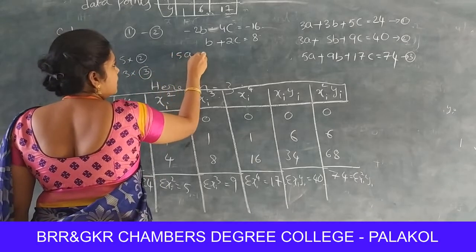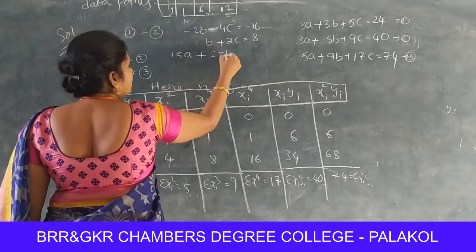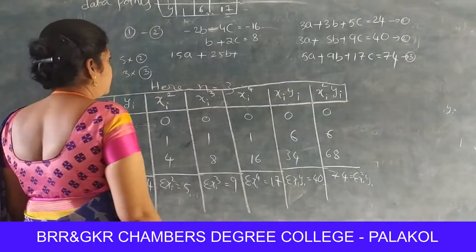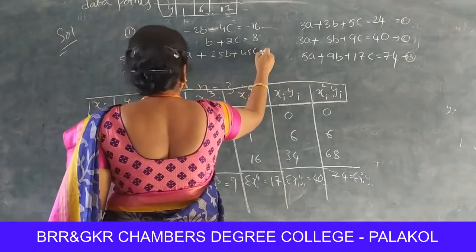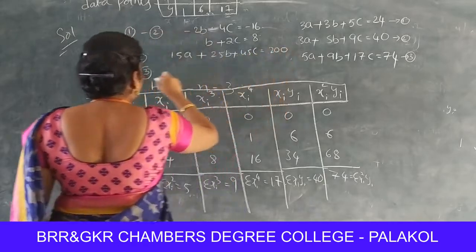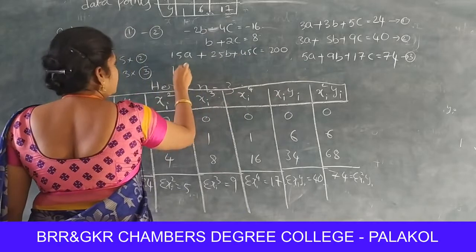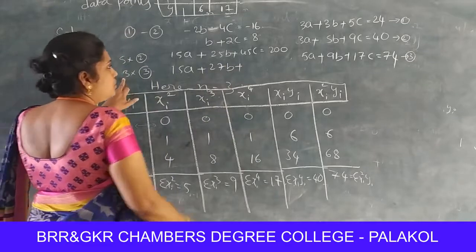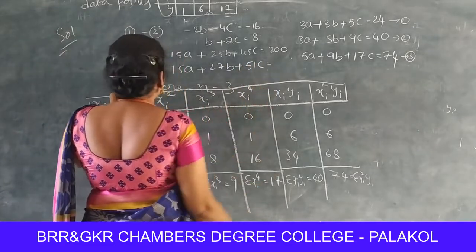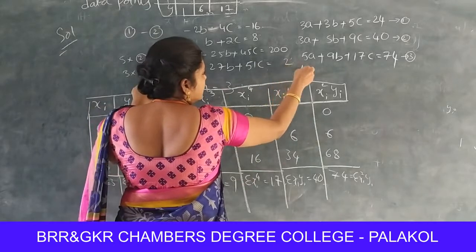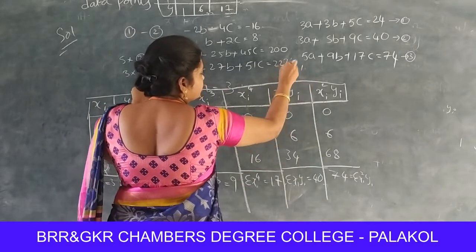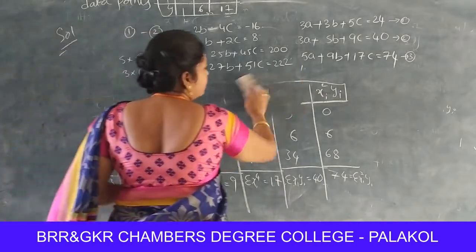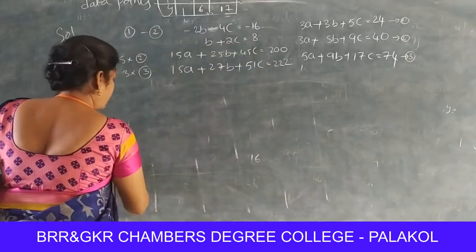Then 15A plus 25B plus 45C is equal to 5 into 40, 200, and next 15A plus 27B plus 3 into 17, 51C, equal to 3 into 74, that is 222.